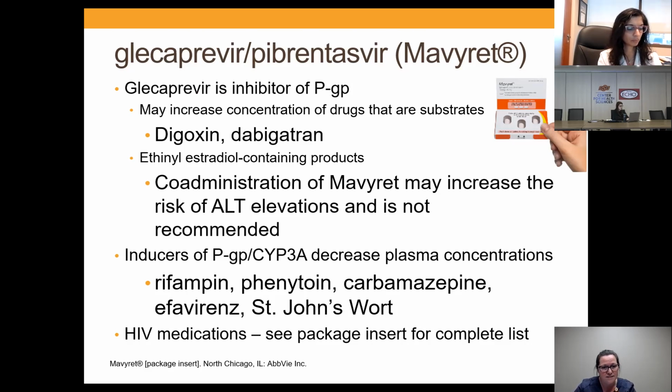If a patient needs to be on birth control, you would need to do a progestin-only birth control or a non-hormonal birth control. So that's important. The ethinyl estradiol is contraindicated. Just a point of clarification, this is not all estrogens. So if a patient is on Premarin, then that's not a contraindication. It's the ethinyl component of this ethinyl estradiol that causes the contraindication.